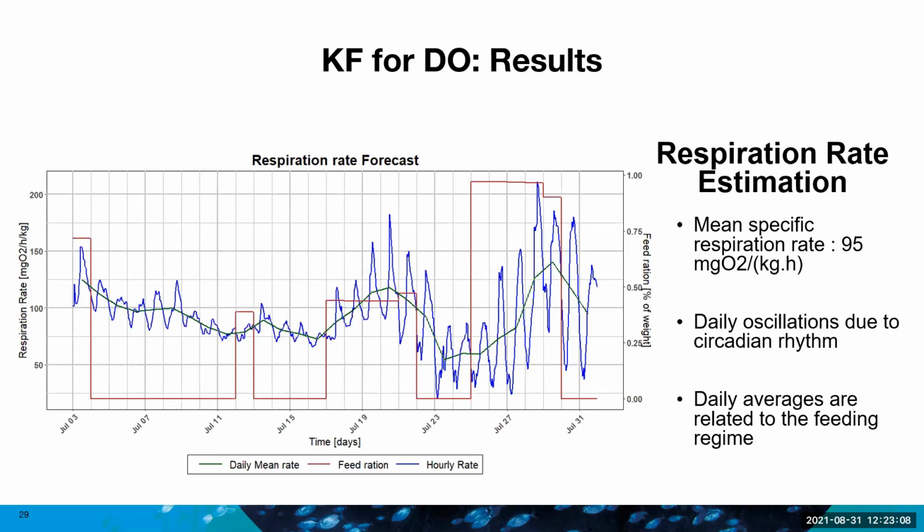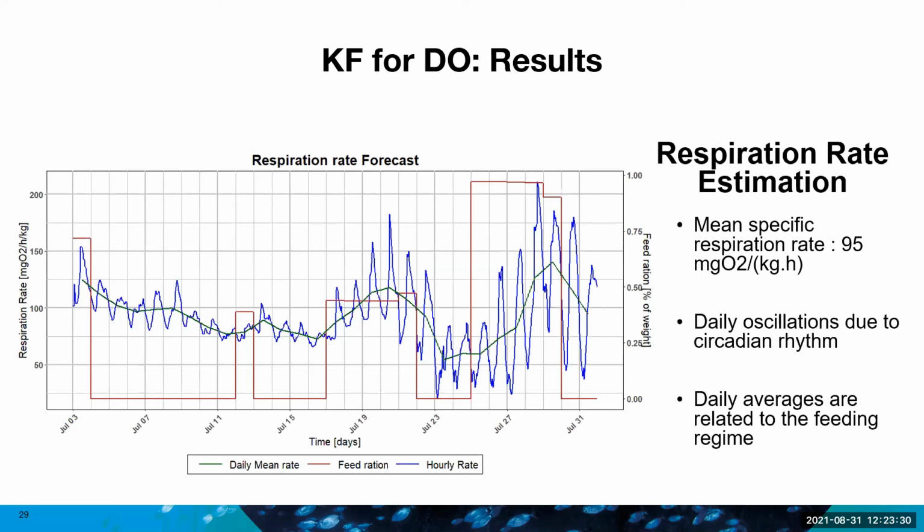If we have a look at the respiration rate, so instead of having, as I said before, a fixed respiration rate, we fix it at the beginning, and then we use every new measurement and the filter algorithm to try to adjust the respiration rate in front of every new measurement.